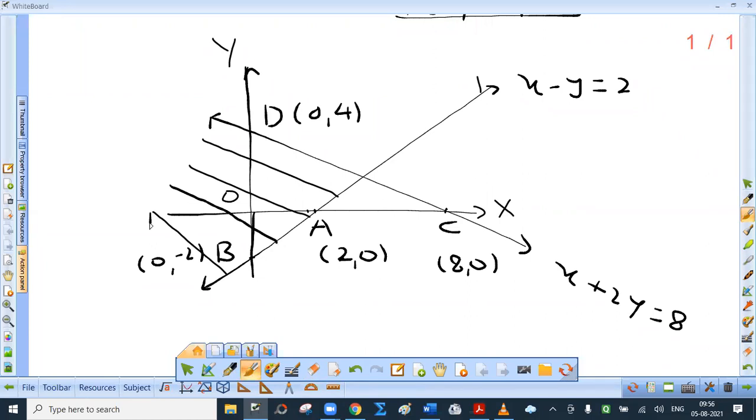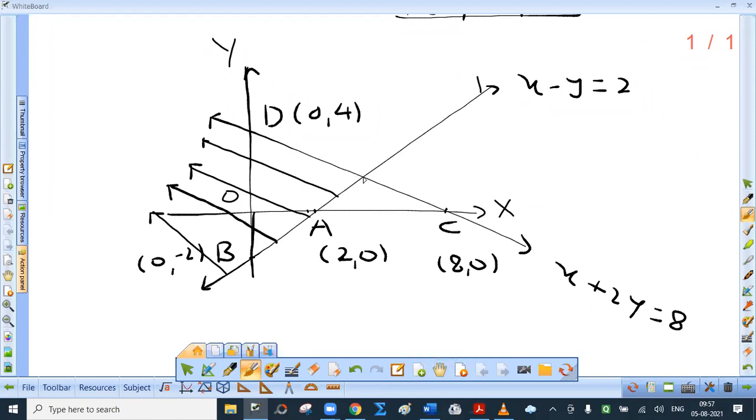Yes. I expect you to draw the arrows also. Okay. Yes. This is the graph of the solution set. So below that, you have to write the solution set of the given system of inequalities is shaded in the graph.